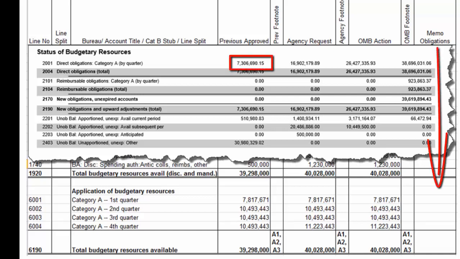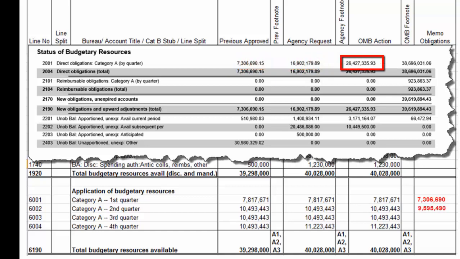We find the first quarter amount and enter it. Then, because obligations are cumulative on the SF133, we have to calculate the quarterly amounts for the second and third quarters. This calculation also provides useful information in developing future obligation plans.